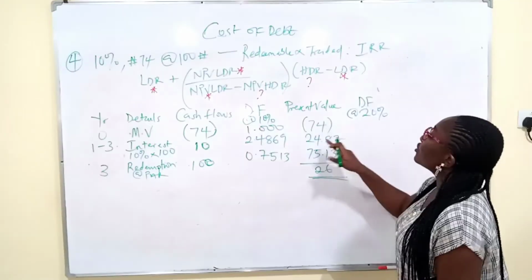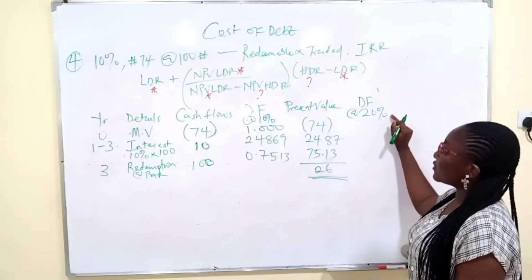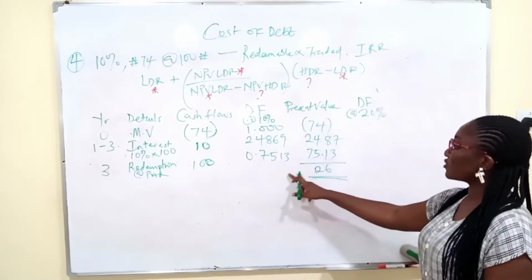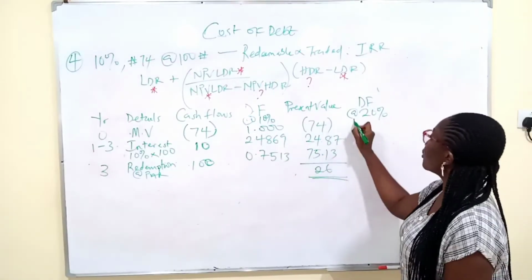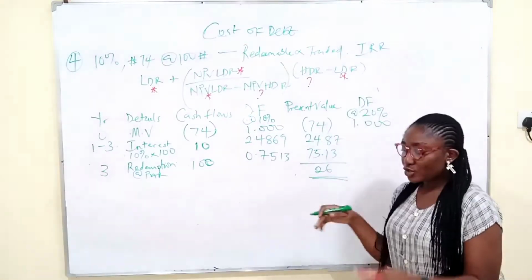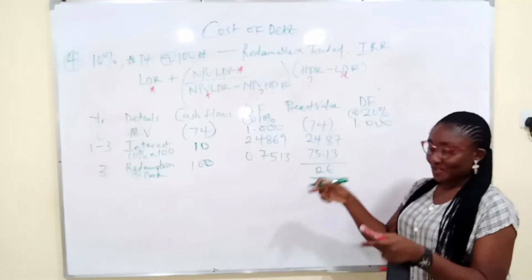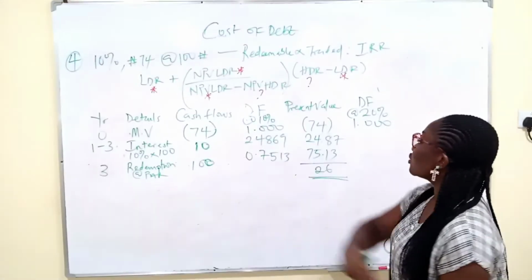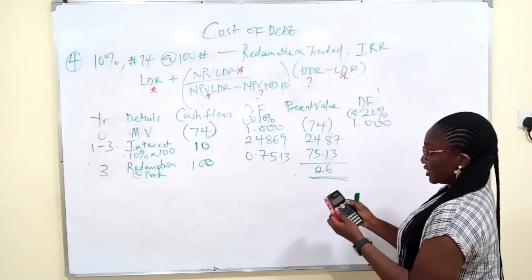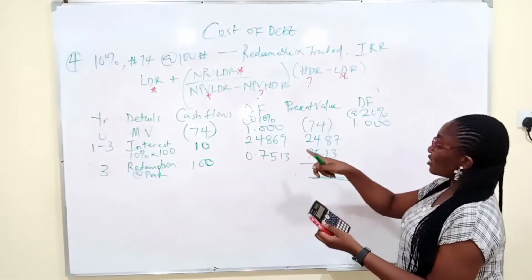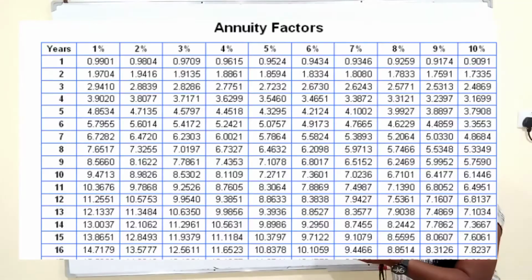Okay. So if you are discounting at 20%, you get your discounting factors, right? At 20%, year 0 will be 1.000. Year 0 is today, so 100,000 naira today is 100,000 naira today. But for years 1 to 3, discounted at 20%, right? We'll use our cumulative discount factor, or better still, use your annuity table.